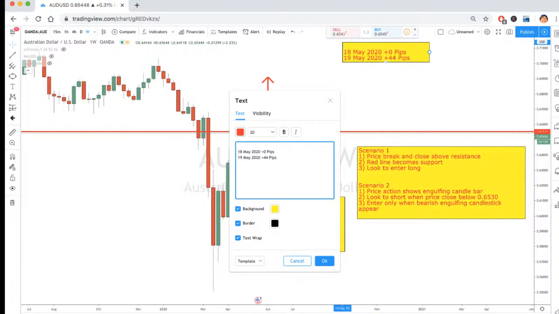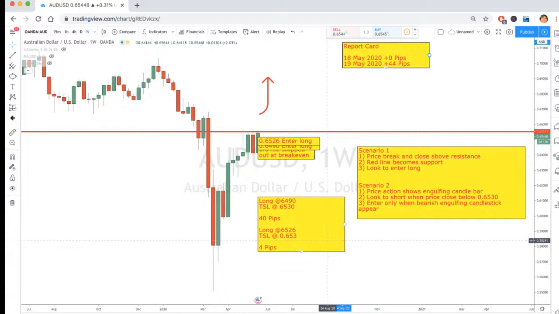After 2 days of day trading, we are at plus 44 pips. Scenario 1, price breaks and closes above resistance, red line becomes support, look to enter long over here. And scenario 2, price action shows an engulfing candle bar, look to short when price closes below 0.6530. Okay, and our current trade is still running.